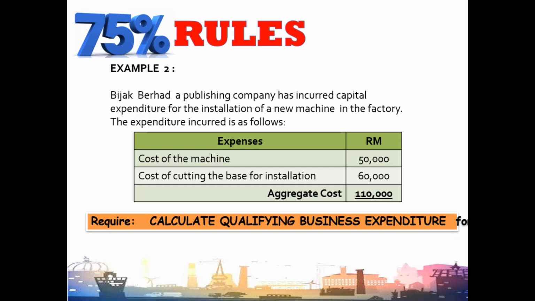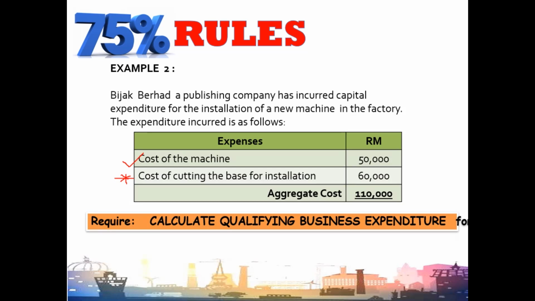The cost of cutting the base for installation is 60,000. As we know, the cost of the machine is already a part of QBE. Our problem is the cost of cutting the base for installation. So we have to identify whether these expenses are QBE or not.